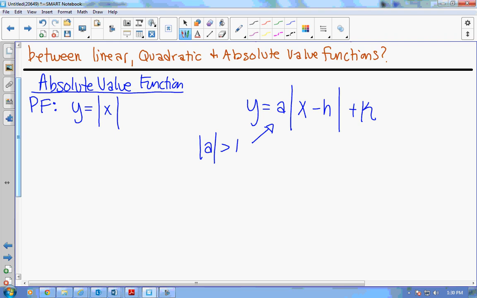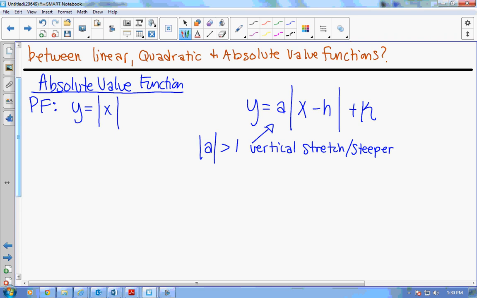Also, the number 2 would have worked, because 2 over 1 is its ratio, up 2, over 1. As long as we're going up or down more than we're going out, that is a vertical stretch. The vertical stretch makes the graph steeper. The arms go in because we're going up more than we're going out.